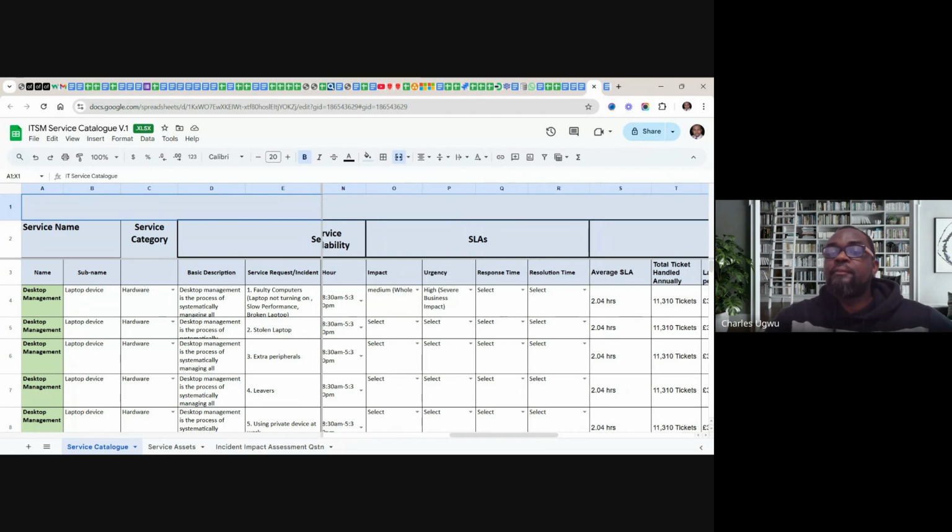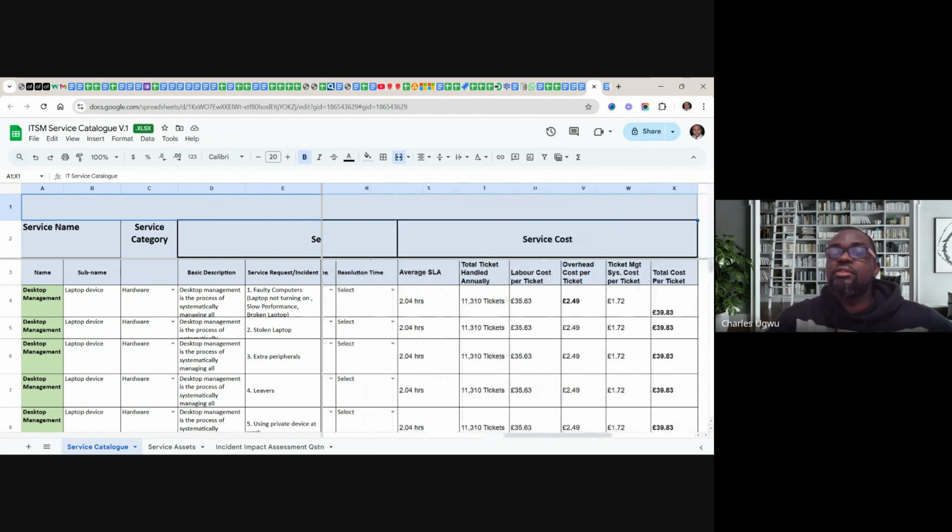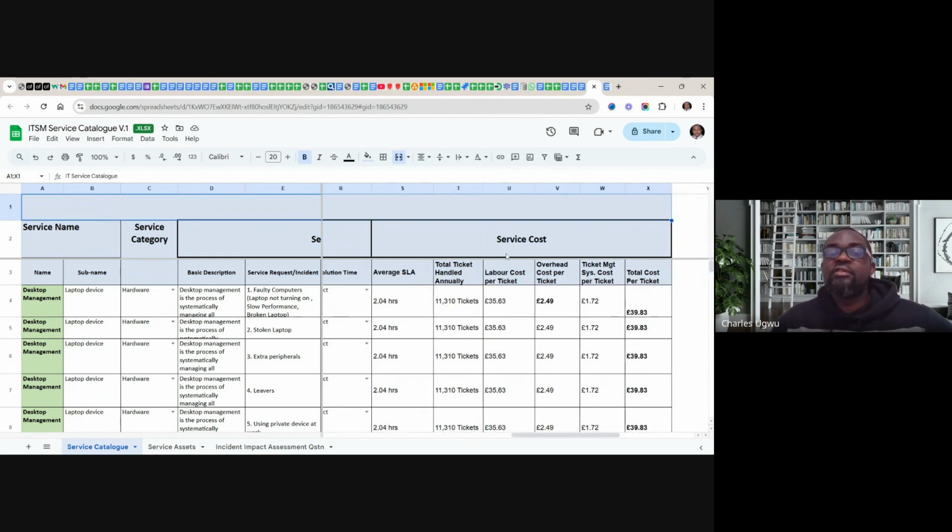And then we have service cost. To get the service cost, you see total tickets handled annually, labor cost per ticket, and overhead.